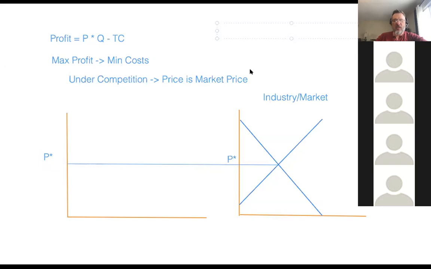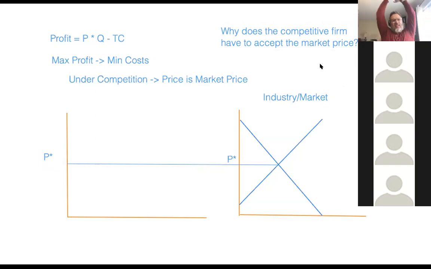So the question is, why does the competitive firm have to accept the market price? So that's my question to you guys. So raise some hands and tell me why it is that you guys think that must be true.